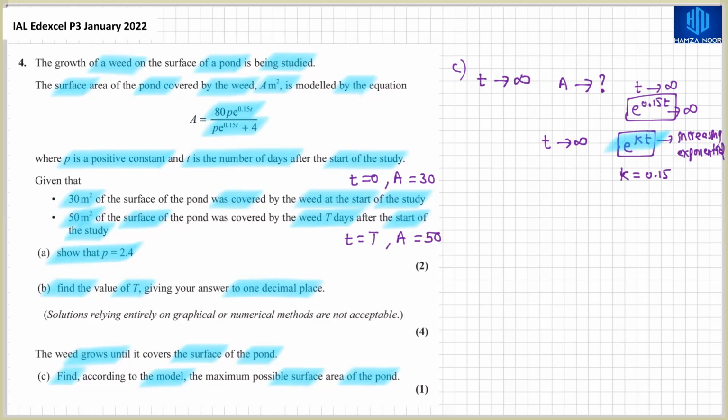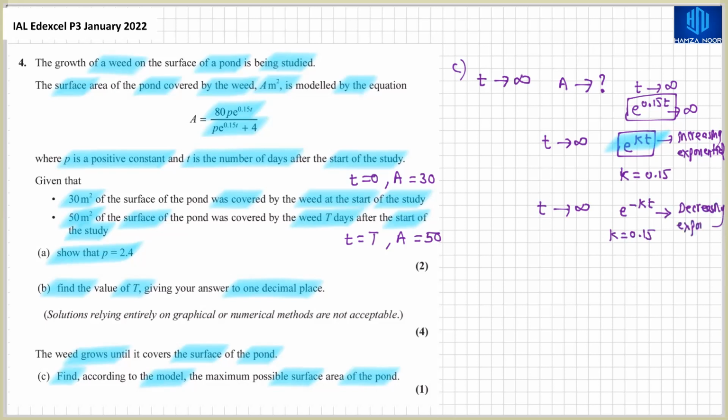What I'm trying to say is that when t is approaching infinity, we need to simplify our equation into such a form where we have e raised to the power minus kt, where k is 0.15, and we need to see what happens to the value of e raised to the power minus kt. This is a decreasing exponential term.